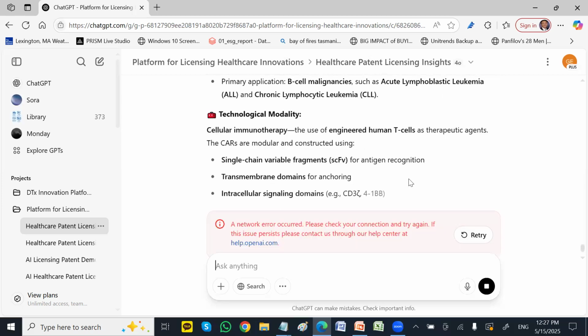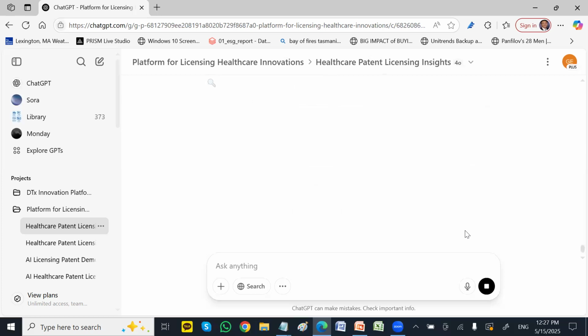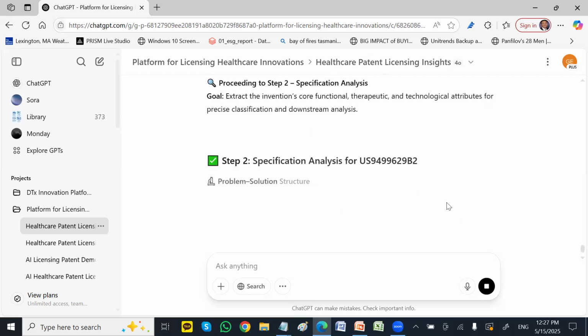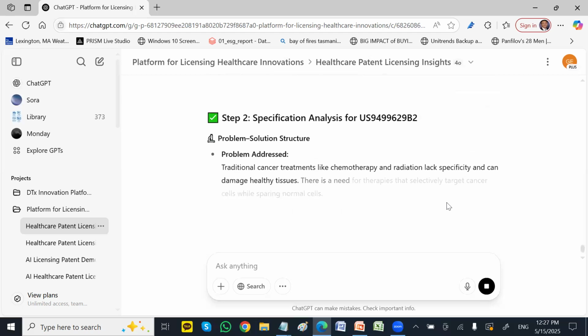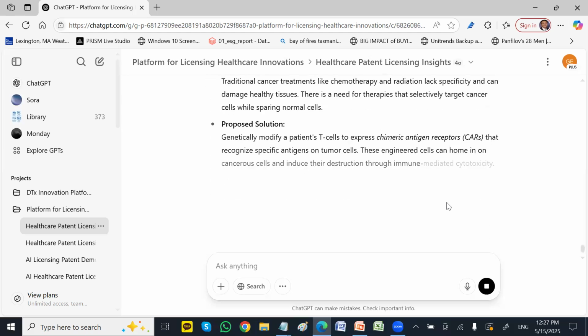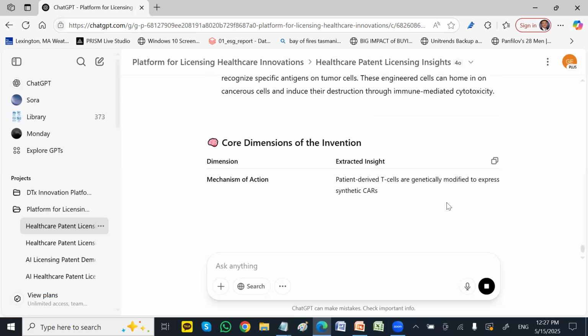From the specification, all the information can be used later for the market and product analysis.